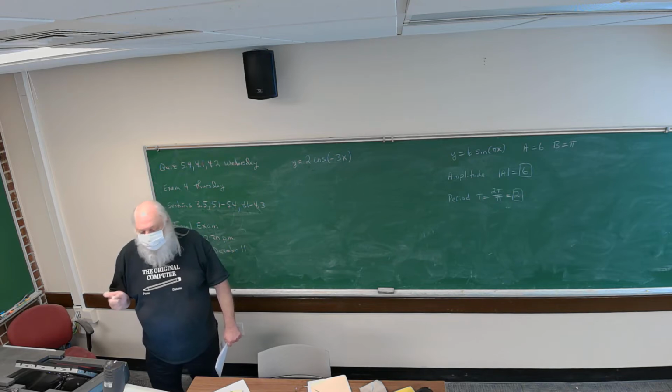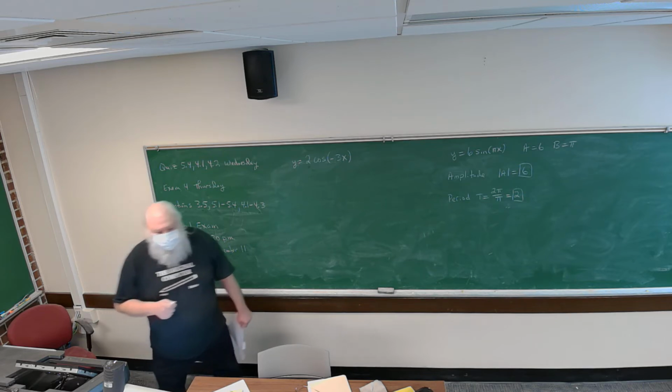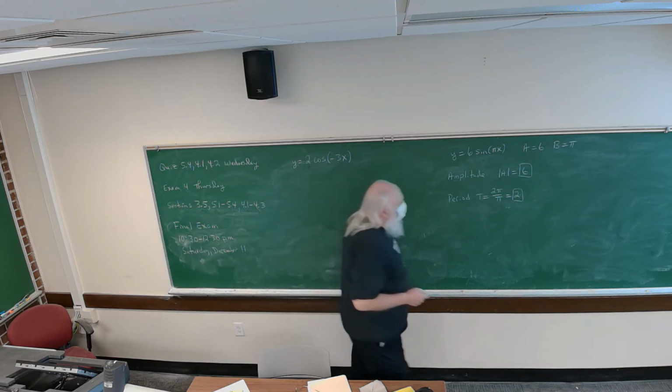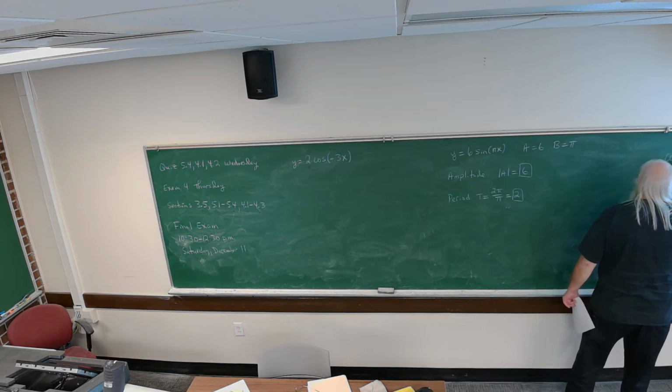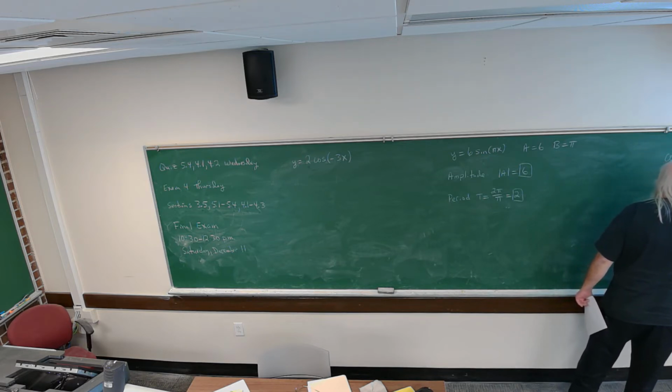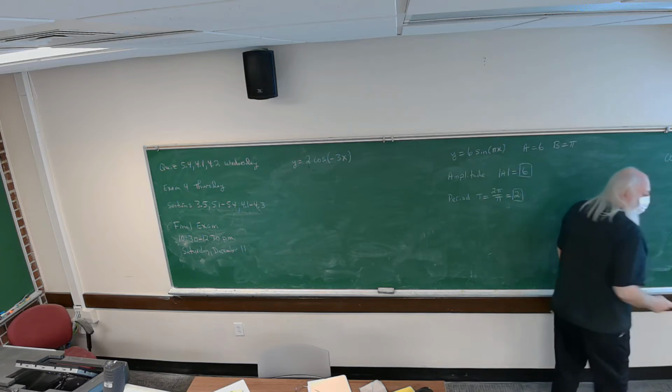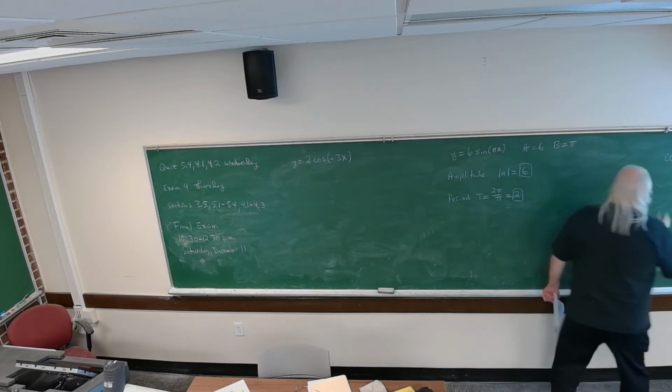You have sort of the right idea. Is cosine an even function or an odd function? It's even, right? So cosine of minus pi is equal to the cosine of plus pi. It's an even function.